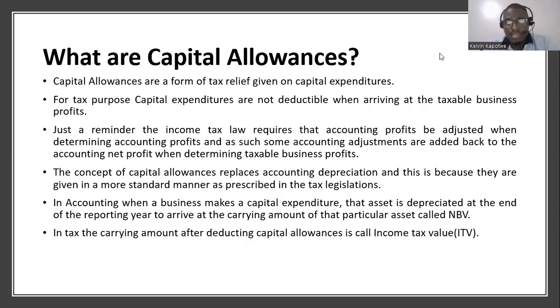The reason is this: in accounting, we sometimes use a lot of estimates. There's a lot of professional judgment going on in the preparation of the statement of financial position and in the calculation of profits in the income statement. We use a number of estimates, and you would find that they are not uniform from company to company.